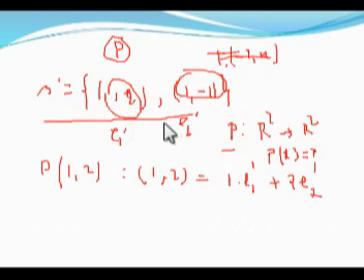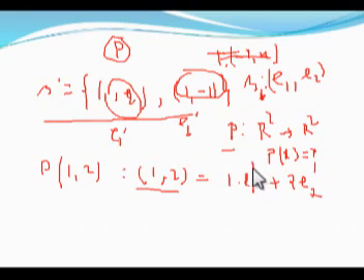Sorry, actually we have to express it through the standard basis. We have taken beta's standard basis as E1 and E2. So these can be very easily expressed. This is 1 E1 and 2 E2.